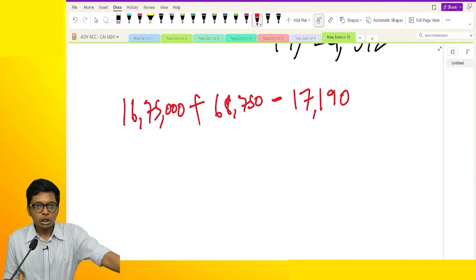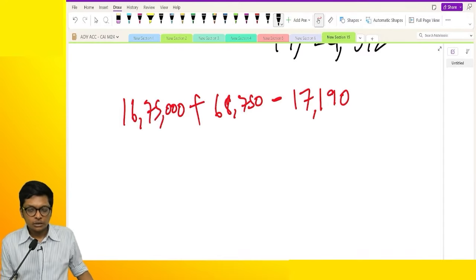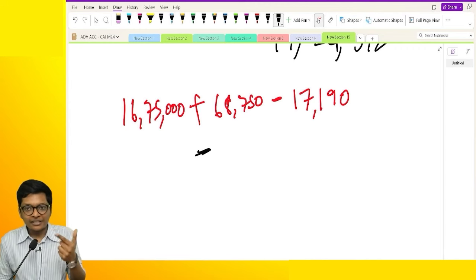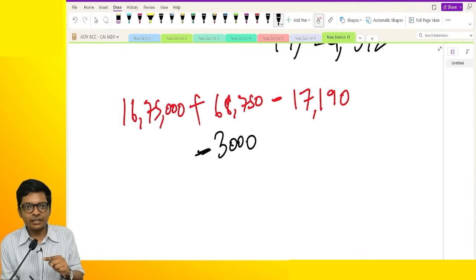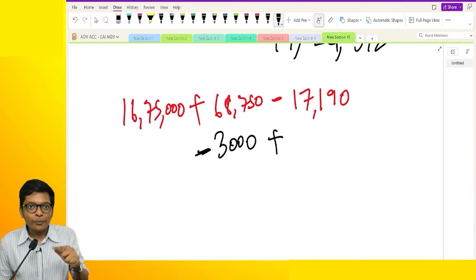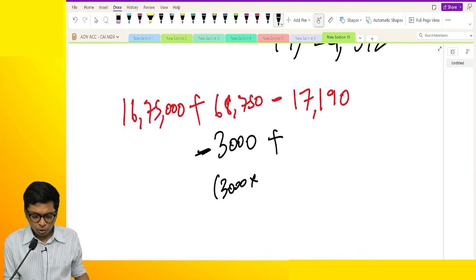Perfect. Now, since I ignored the sales return, I have to minus it afterwards. Correct? How much is the sales return? If you are minusing sales return, I have to add the profit on sales return. How much is that? 3,000 into 25%.